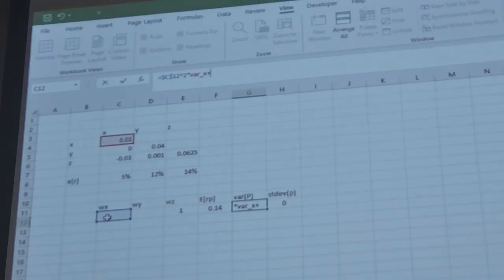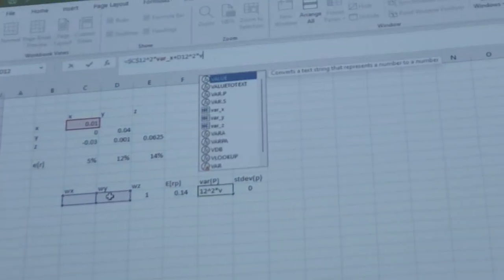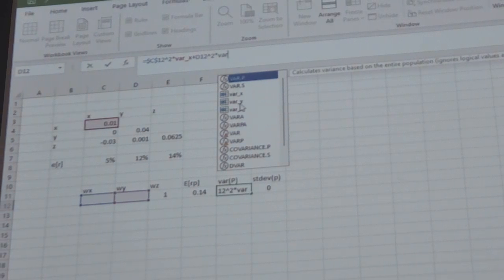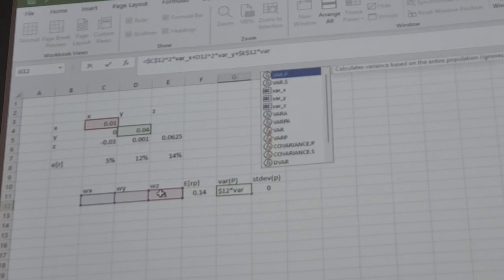I'm going to lock it, squared, times the variance of x, plus the weight of y, this guy squared, times the variance of y, plus the last weight, F4, I didn't F4 the other one, but that matters at a certain point, times the variance of z.